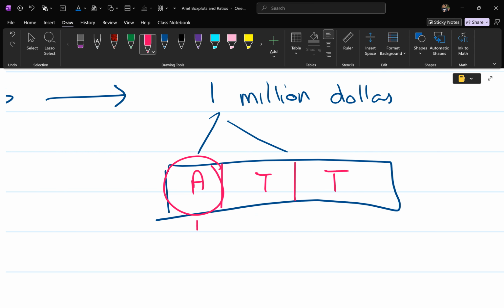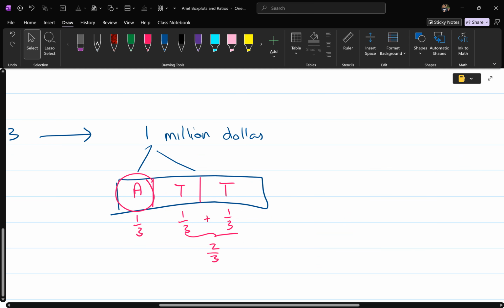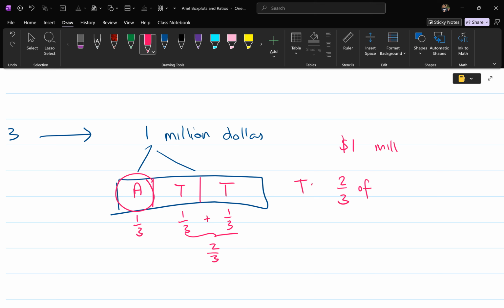So that means you essentially get 1 out of 3 boxes, equal parts, and I get 1/3 plus 1/3, which means I should get 2/3 of the amount. Okay, so whatever the total amount is, which is 1 million, I should get 2/3. So Mr. Tran gets 2/3 of 1 mil, and Ariel should get 1/3 of 1 mil.